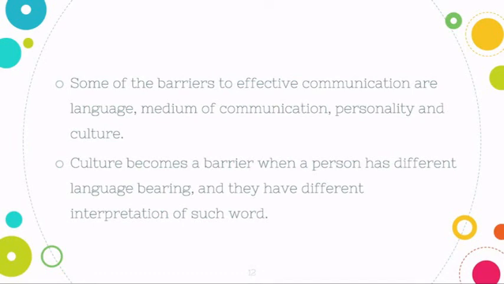Next, we have the personality. Differences in personality can be barriers to effective communication. For example, person A is very straightforward. He or she would like to call people out whenever he or she wants to tell them something. But then person B is very reserved, non confrontational.